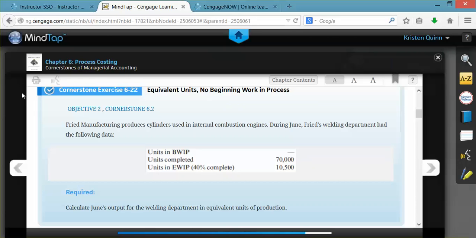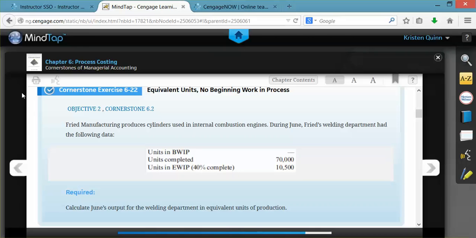So now let's do an example. We will use Cornerstone Exercise 6.22 that can be found in your textbook on page 264. They tell us that our company produces cylinders that are used in internal combustion engines. During June, the company's welding department had the following data.